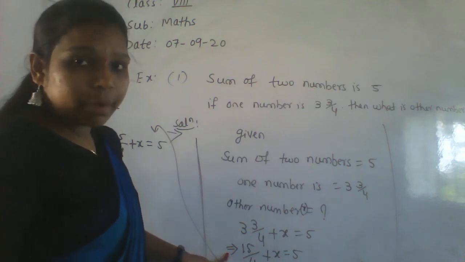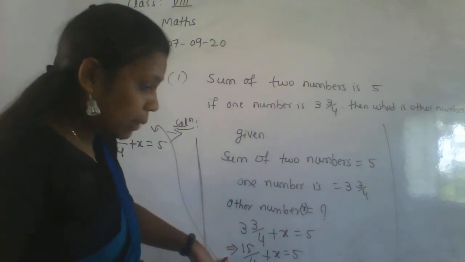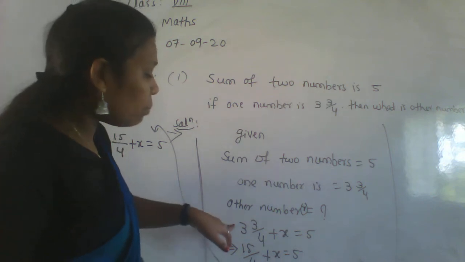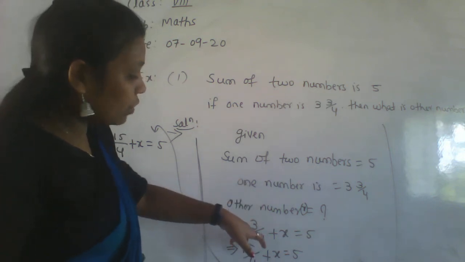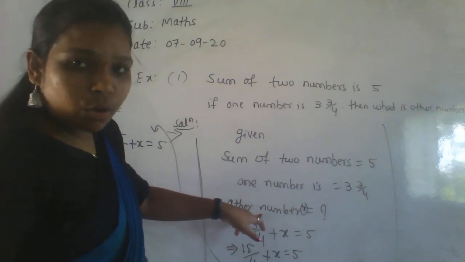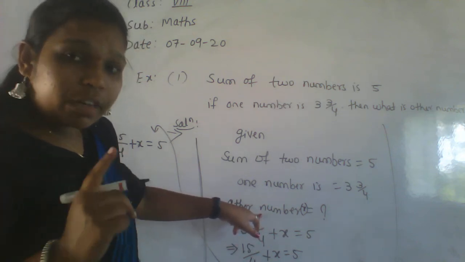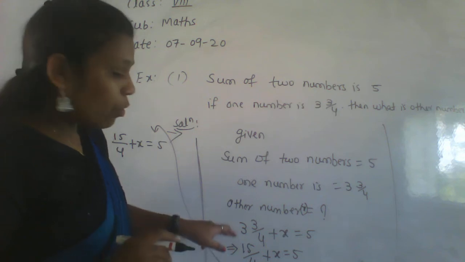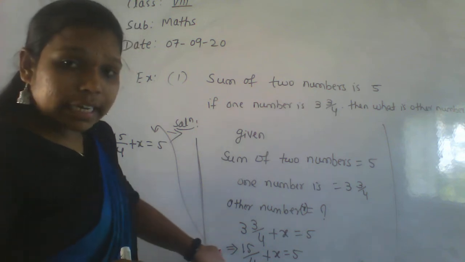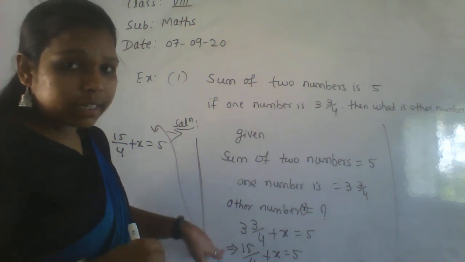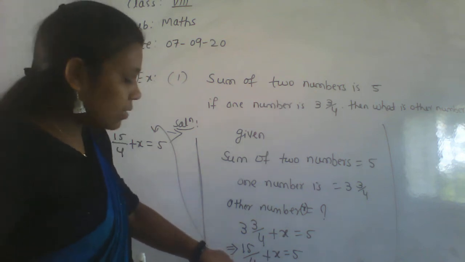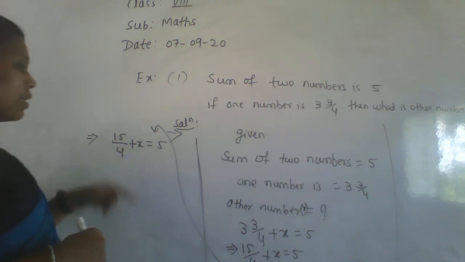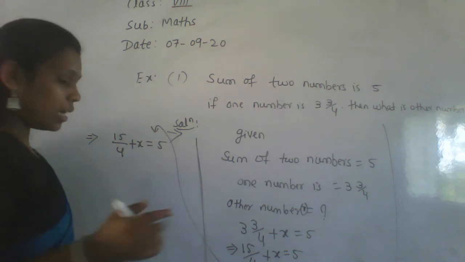If you put implies on the first equation, is there any equation above it? No, right? So we can't use the implies symbol for the first equation. Only from the second equation we have to use implies. This equation implies like this, next after that this equation implies like this. We have to use that.